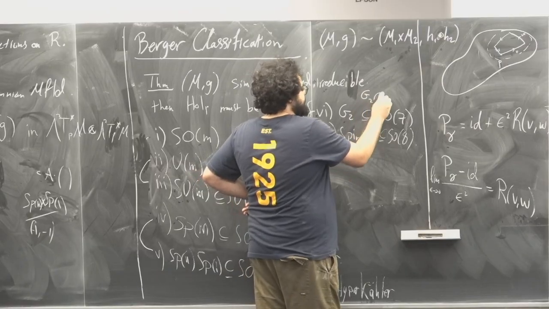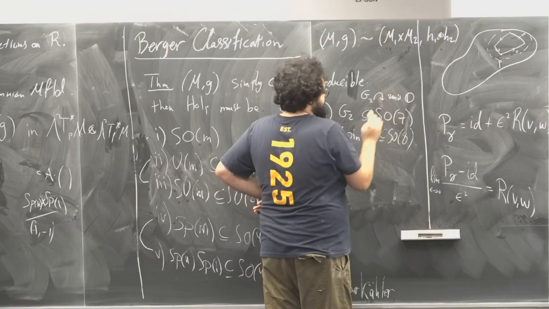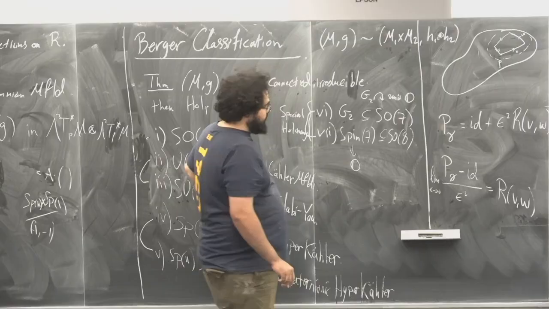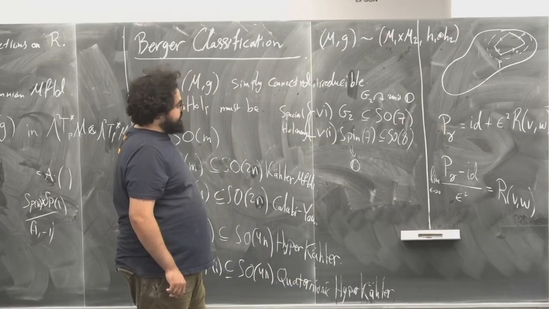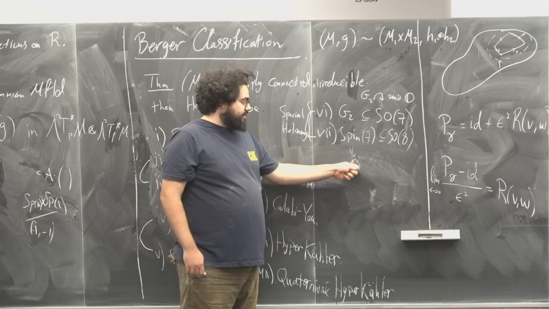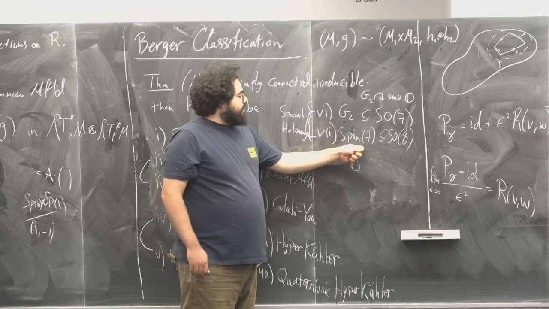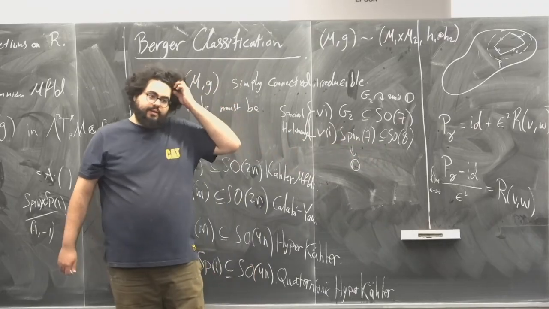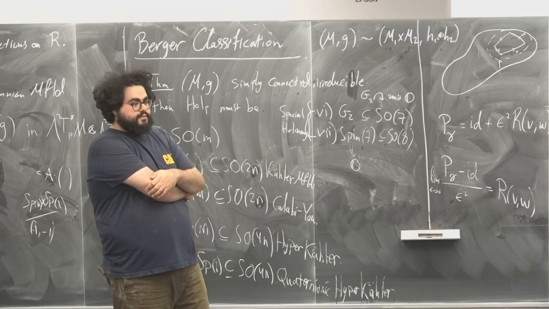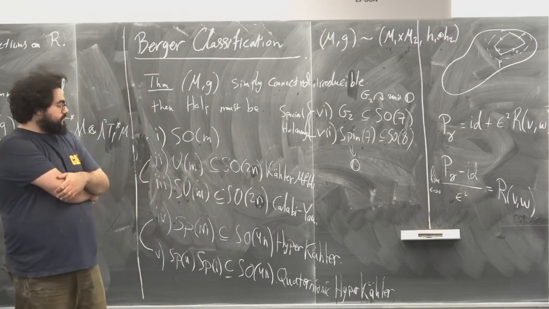G2 acts canonically on unit octonions, and Spin(7) acts canonically on octonions. That's how you get that. And the octonions are like R^8, and it preserves the metric, and so it's living inside of SO(8). That's similar to Spin(3) and Spin(3) by showing that it acts on quaternions. On quaternions, yeah.